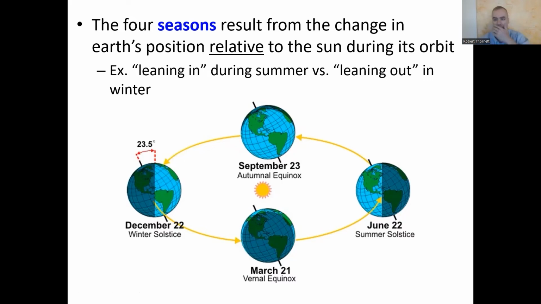So just imagine, if your head is the Earth and the sun's out in front of you, and you tilt your head to the axis like this, you're leaning in like that. Well, what's going to happen to that radiation coming at you from the sun? It's going to sort of climb up your face, right? If you're facing the sun and then you lean into the sun more, then the subsolar point would normally be here, let's say if you're flat, but if you're leaning in, it's climbing up like that without the sun doing anything differently.